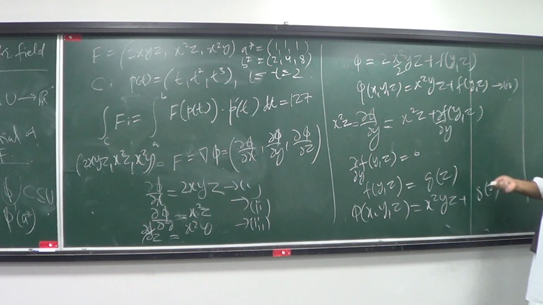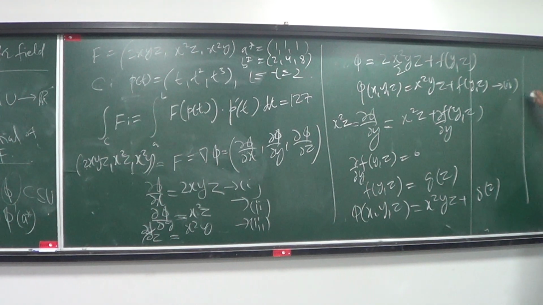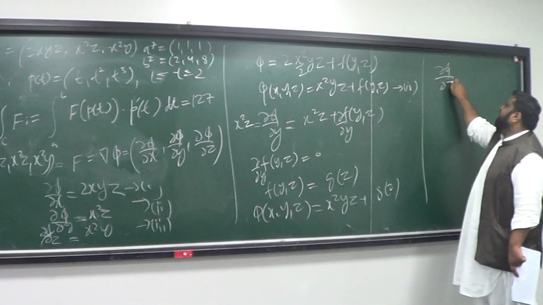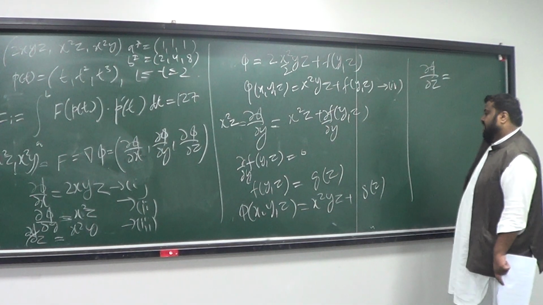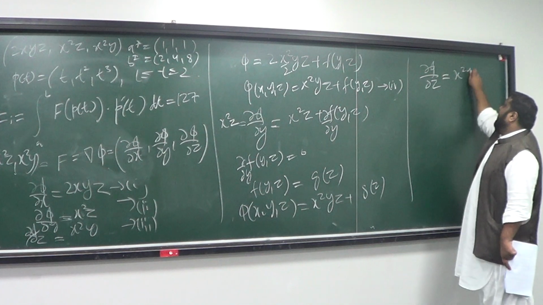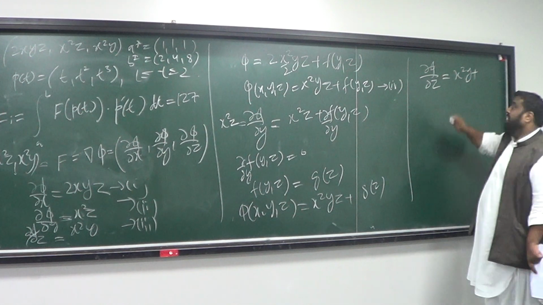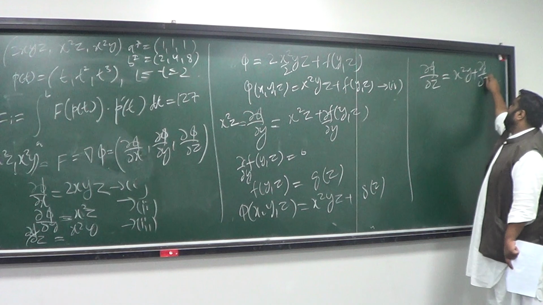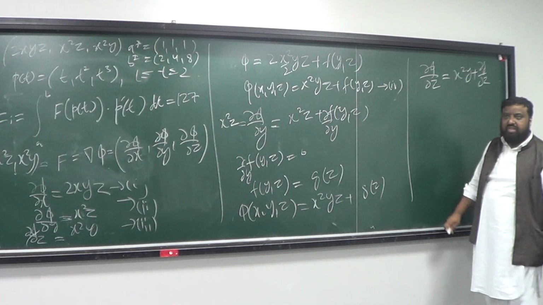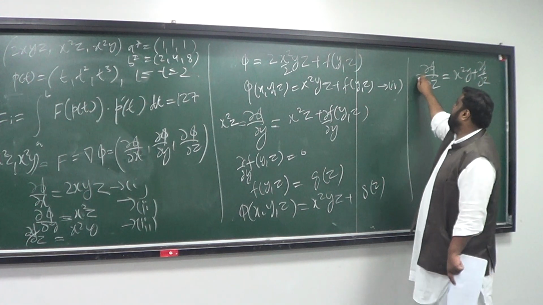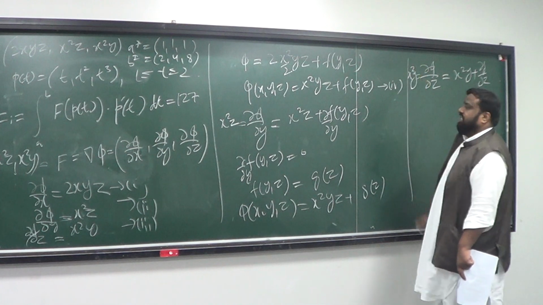Now the final obvious step, to compute g of z, is to take this phi and differentiate with respect to z. You're going to get x²y plus the derivative of g with respect to z. But I know that this bit is x²y.